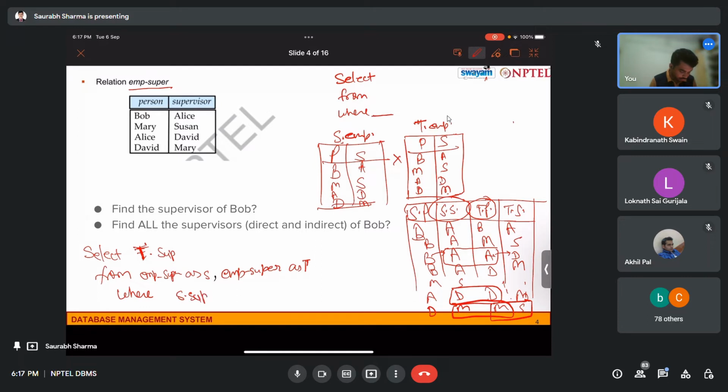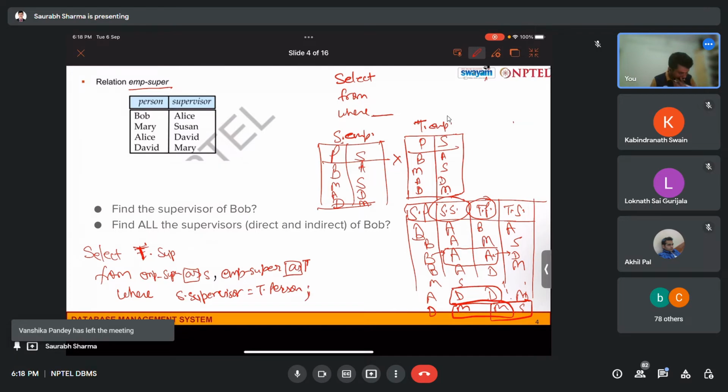S dot supervisor equal to T dot person. From the rename clause or AS command, we can skip this AS also. We can write it like employee super S, comma, employee super T. That is also right.